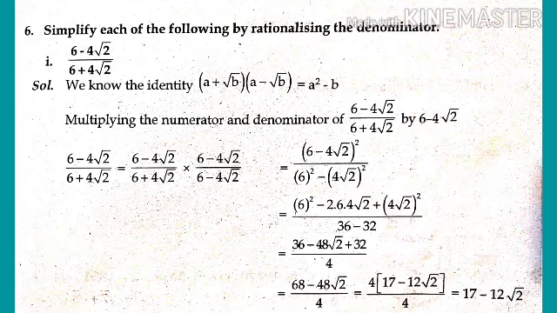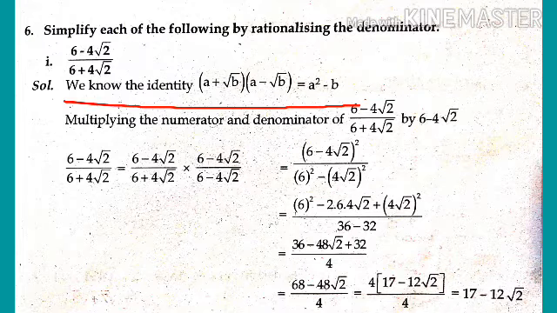Simplify each of the following by rationalizing the denominator. First question, 6 minus 4 root 2 by 6 plus 4 root 2. We know the identity a plus root b into a minus root b is equal to a square minus b. Multiplying the numerator and denominator of 6 minus 4 root 2 by 6 plus 4 root 2 by 6 minus 4 root 2.